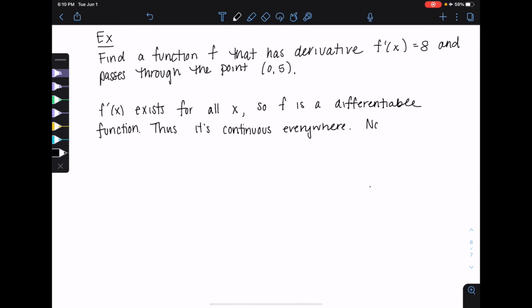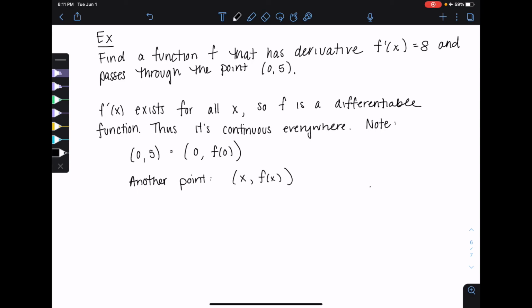Now, the thing you want to note is we're told it passes through the point 0, 5. So 5 is my function evaluated at 0. I'm going to pick another point on my function. If I choose an arbitrary x, the y value corresponding to it is f of x. So I'm going to apply mean value theorem to the interval from 0 to x to help me find this function.